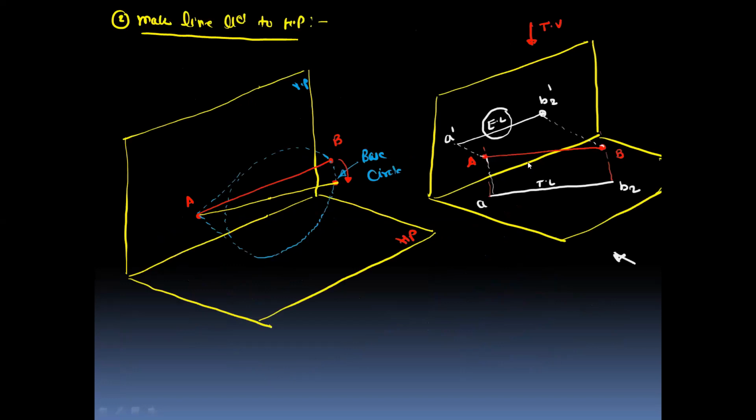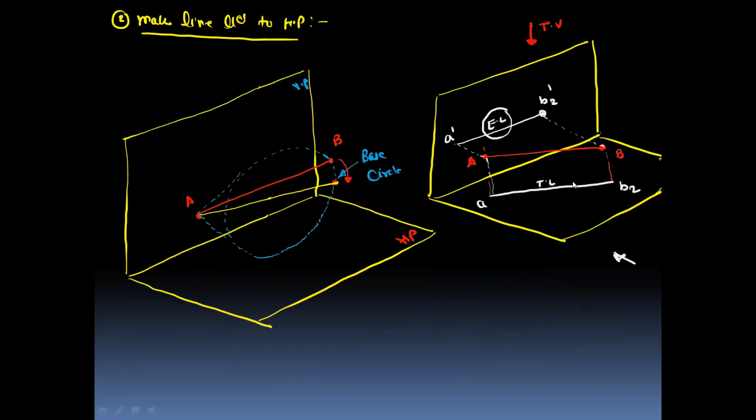Okay, so now observe this line AB is parallel to the horizontal plane. Okay, so when we observe from the top direction, this 20 mm distance in front of VP for the point A is visible. So we can mark the point A first. Then we need to draw the true length.